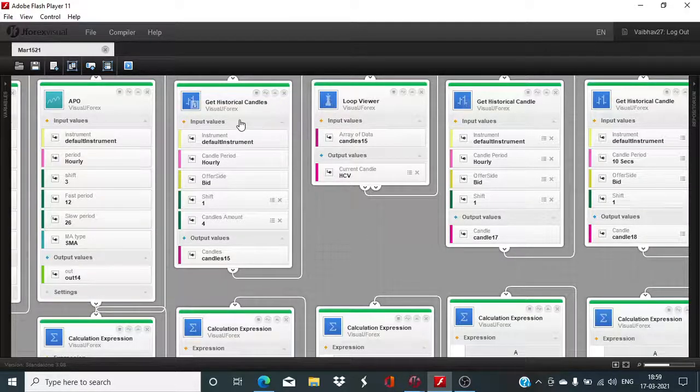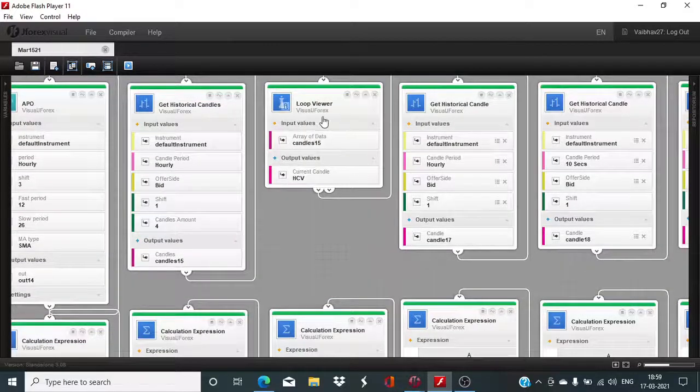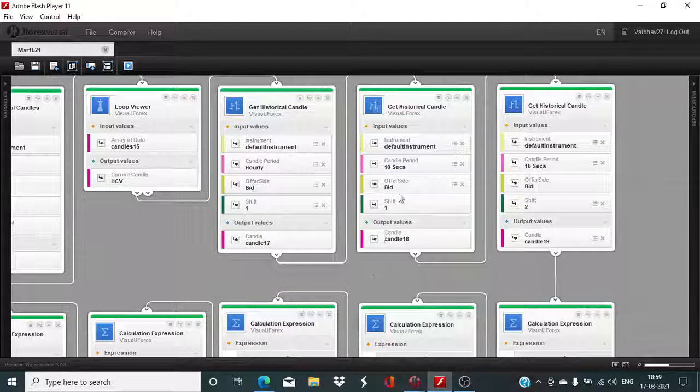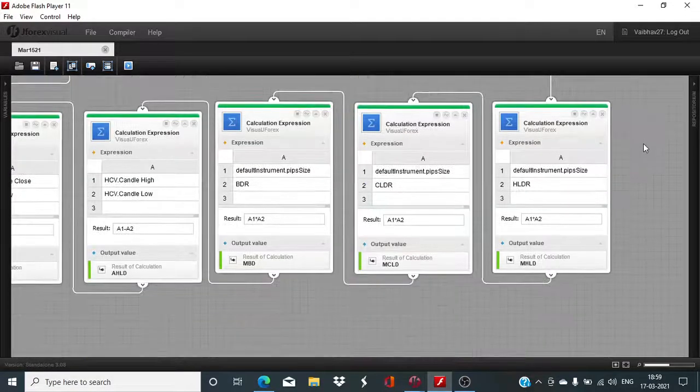So this is single, this is a cluster of 4 candles, and we get the output as an array of data. And to retrieve the individual variables, we will be using this loop viewer. And then to pinpoint the exact entry point, these two 10-second candles will be used.